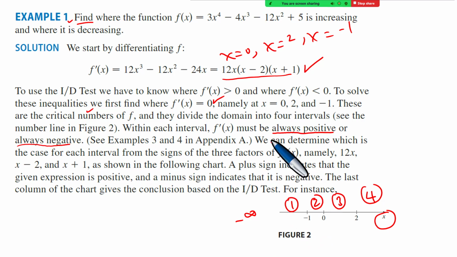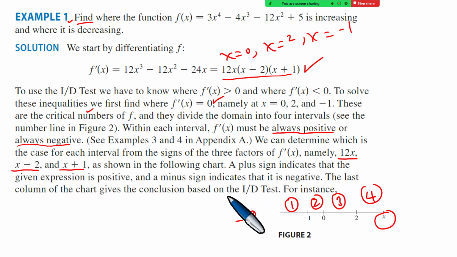We can determine which is the case for each interval from the signs of the 3 factors, namely the factor 12x, the factor x minus 2, and the factor x plus 1, as shown in the following chart.